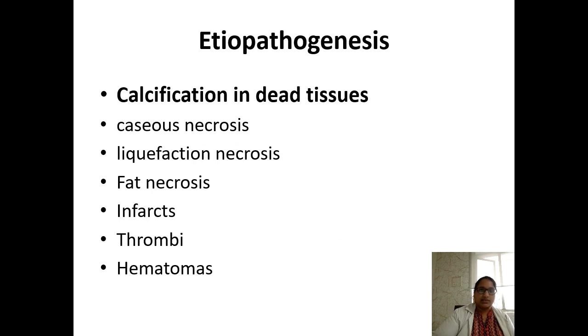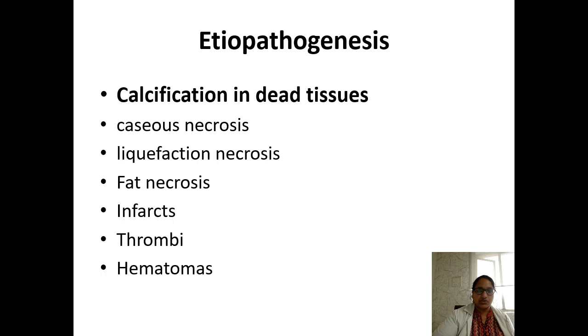So in pathogenesis, the calcification may occur in the dead tissues or in the degenerating tissues. Examples for calcification occurring in dead tissues are caseous necrosis, the most common, whose characteristic cause is infection with tuberculosis, and liquefactive necrosis, which occurs in the infarcted brain and in the abscess cavity.